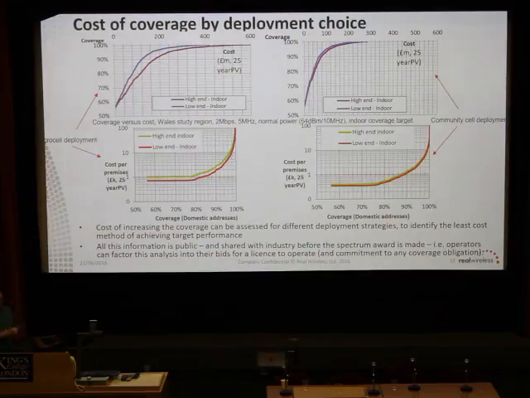Bottom line, it can be done, you can cost it, you can work out optimal strategies, and then work out whether it is feasible to get that 98%. All the results and assumptions were made public, and were available to operators before they had to make any license bids in the auction.